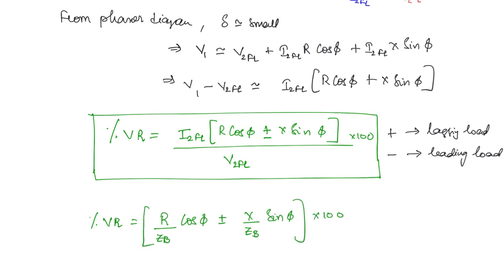So why did we write this? Because V2 full load divided by I2 full load is nothing but V2 base divided by I2 base, which is the base value of impedance.